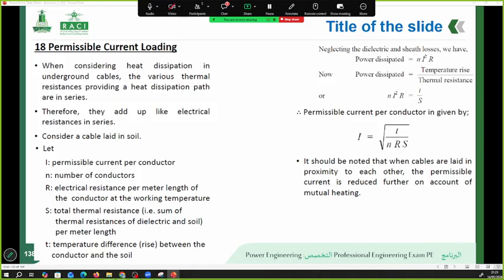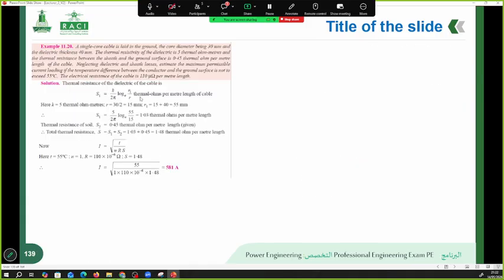We have all of these parameters: permissible current per conductor I, number of conductors n, electrical resistance per meter length of the conductor R, S the total thermal resistance, and T the temperature difference between the conductor and the soil. Finally, we will have this one: permissible current I is equal to the square root of 2T over n R S. This is very important. We will see it in the example.